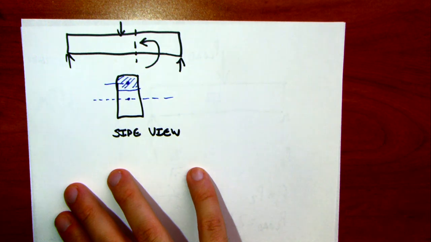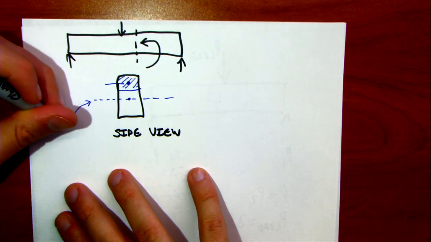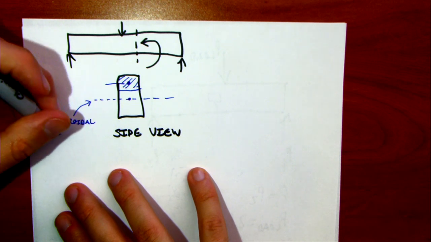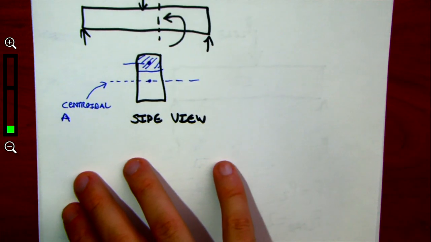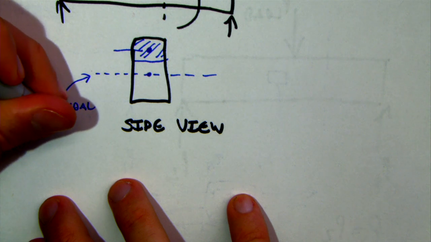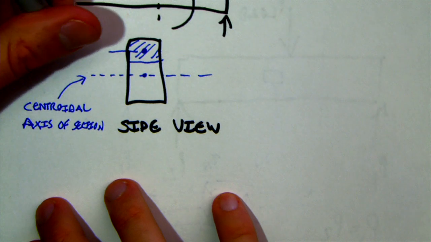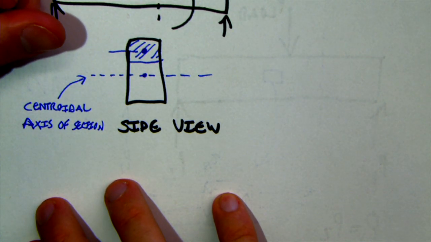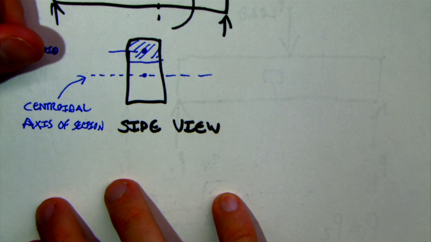This is the centroidal axis of the section, and this is the centroid of the stress cube.